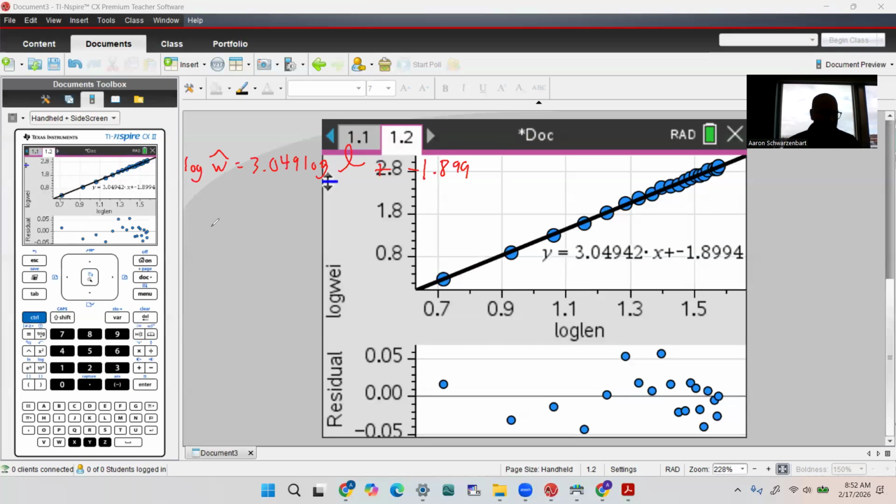How do I transform this? How do I get rid of the logs? Oh, right. 10 to the power of everything, giving me predicted weight was 10 to the 3.049 log L plus negative 1.899.